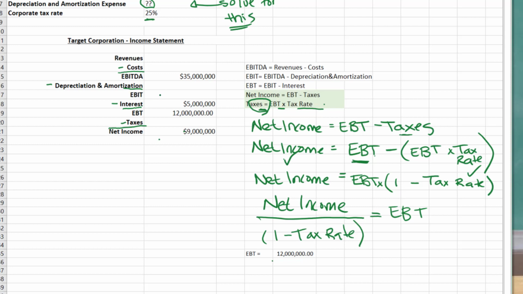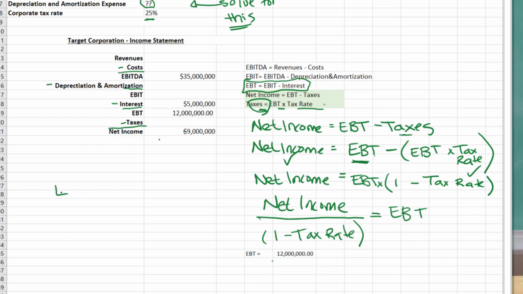If I work back a little bit further, I could probably get my EBIT now, right? My earnings before interest and tax. So here, if I have EBT and I have interest, which I do, I can solve for that earnings before interest and tax.